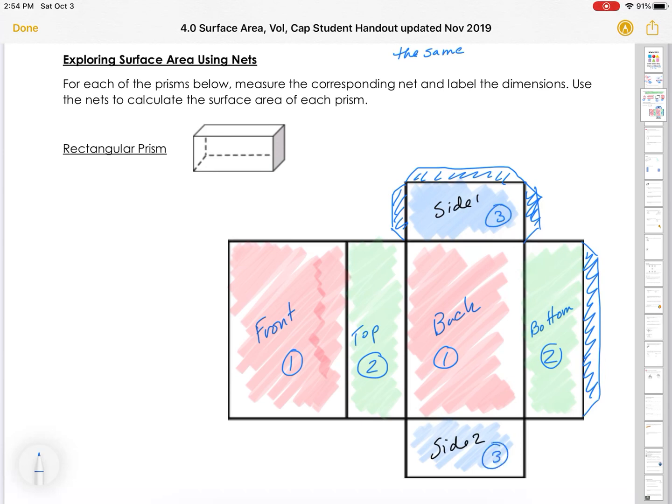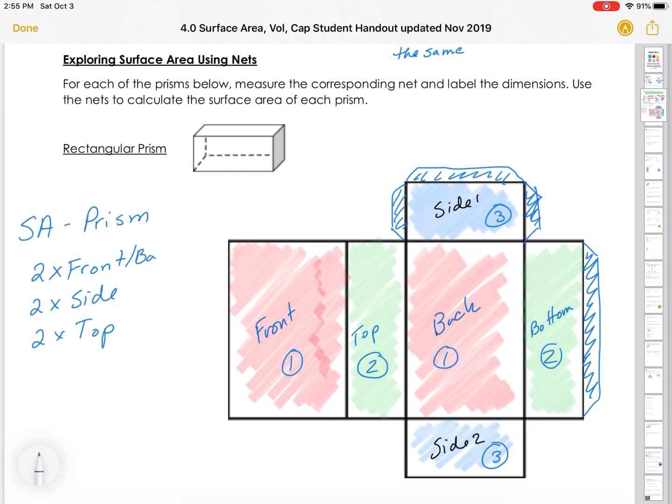So to find the surface area of a prism, we find 2 times the front, 2 times the sides, and 2 times the top. Because the top and bottom and the front and back are the same, we're going to account for them, right?